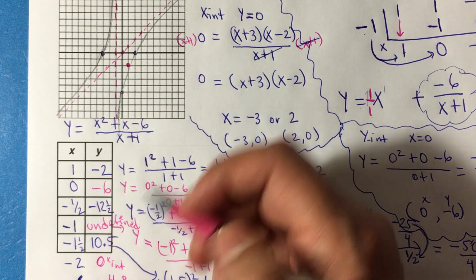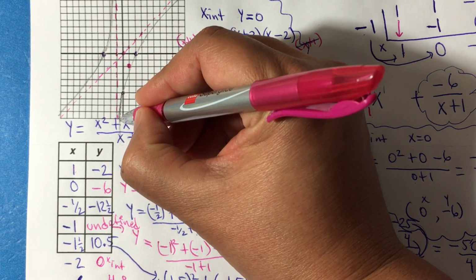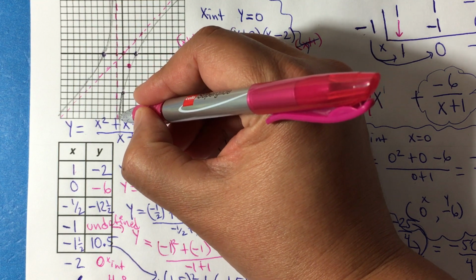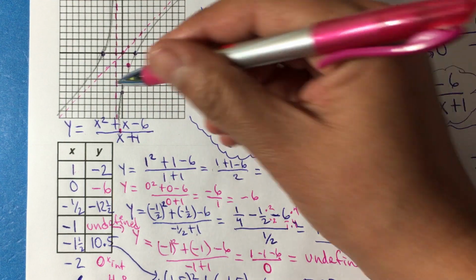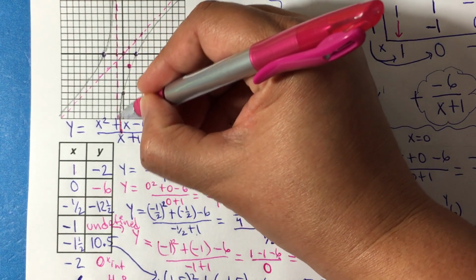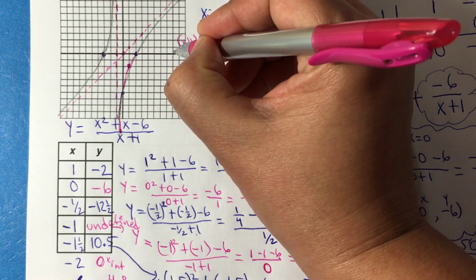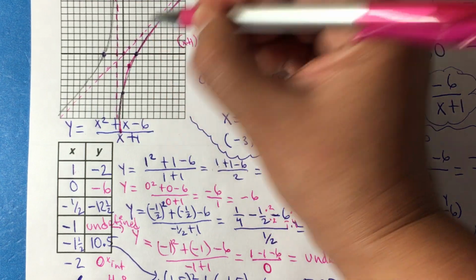Negative 1/2, negative 12.5. In here I have 10 squares, so 12.5 will be somewhere in there. So that's how my graph would actually go.